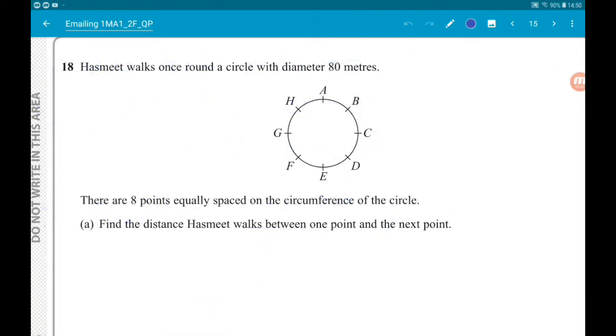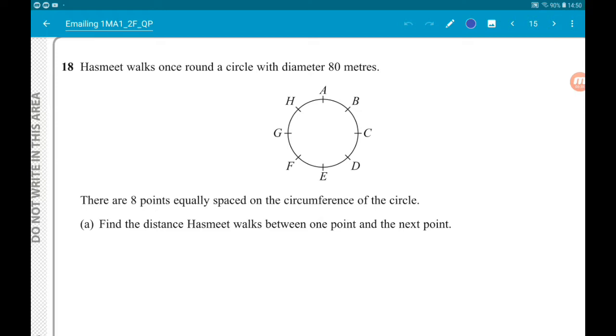Okay, number 18. Asmeet walks once around a circle with a diameter of 80 meters. We're told there are 8 points equally spaced out on the circumference of the circle. We want to find the distance Asmeet walks between one point and the next point.